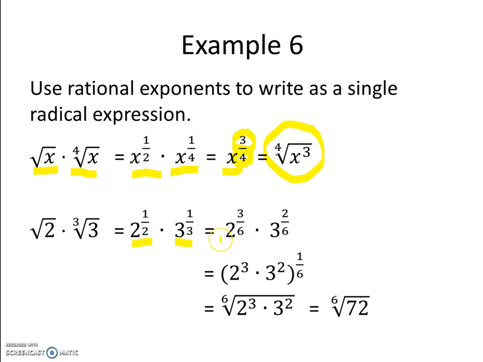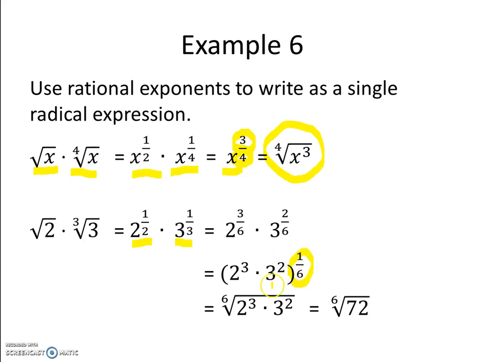Putting them over the same denominator, we end up getting 2 raised to the 3/6 and 3 raised to the 2/6. Pulling out the factor 1/6, we have 2 cubed times 3 squared, the quantity all raised to the 1/6. Well, we know that that is the root.